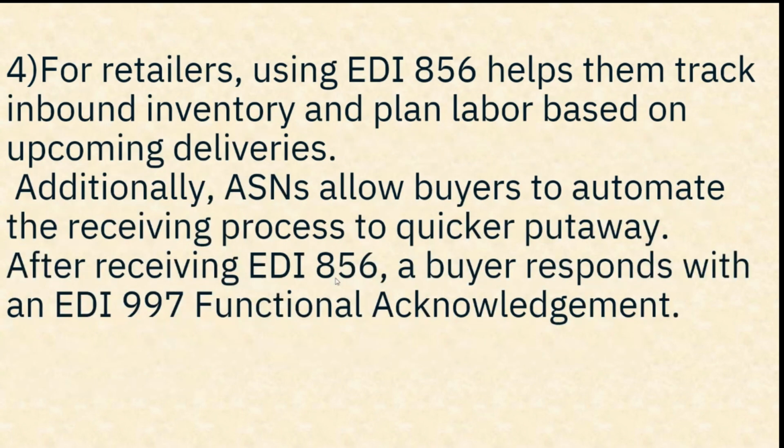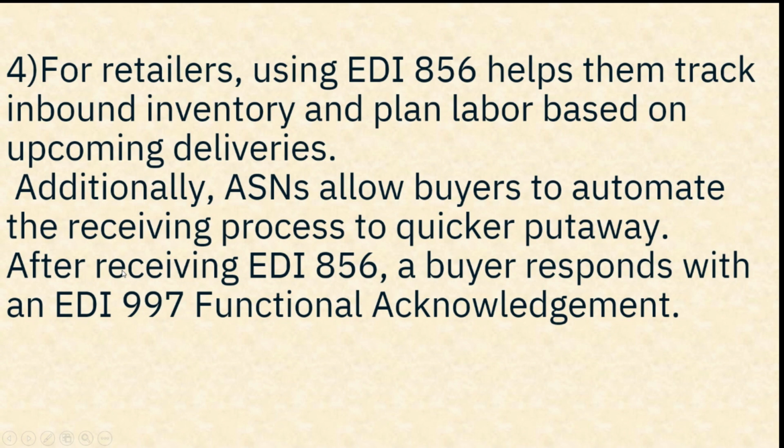So last, like this slide, this point, basic use of the EDI 856. For retailers, using EDI 856 helps them to track inbound inventory and plan labor based on the upcoming deliveries. Additionally, ASNs allow buyers to automate the receiving process for quicker put away. After receiving EDI 856, a buyer responds with the EDI 997 functional acknowledgement.